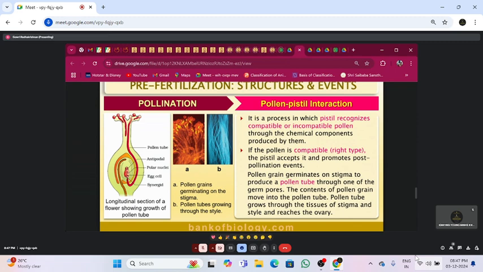Then it goes through the filiform apparatus to the synergids, and before it goes to the egg cell, the male gametes are released. One of them fuses with the egg cell, the other one fuses with the polar nuclei.